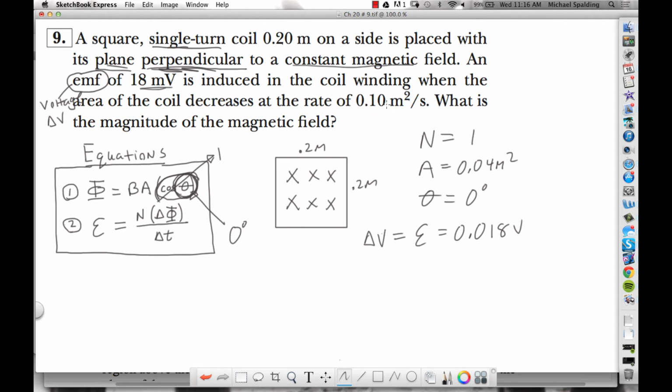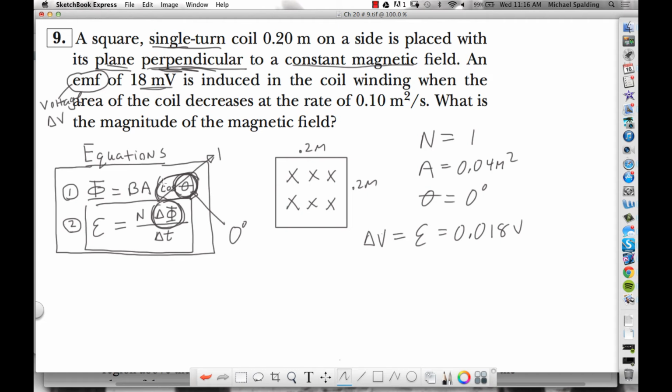Now look, the main idea for this chapter is that when your flux changes, so look at this equation for induced voltage, when your flux changes, you're going to get an induced voltage. How many ways can you change the flux? Well, the flux equation is BA cosine theta.